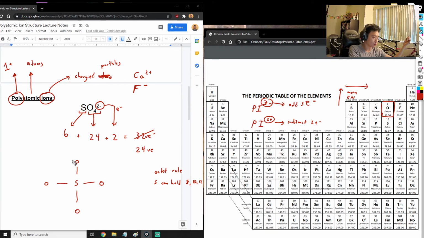That means we can put 1, 2, 3, 4, 5, 6 on this oxygen. If we put 6 here and another 6 here, we have 12. Then 18, and then 24. So we can use all 24 by putting the electrons all on the oxygens. And we're good to go because this oxygen has 8, this oxygen has 8, this has 8, this also has 8.